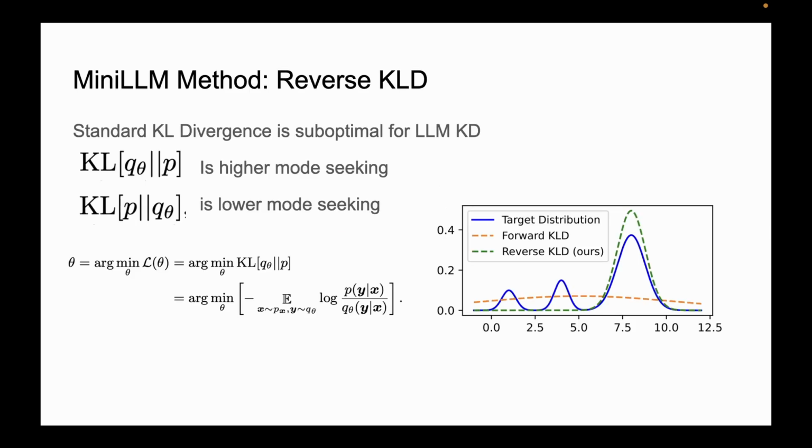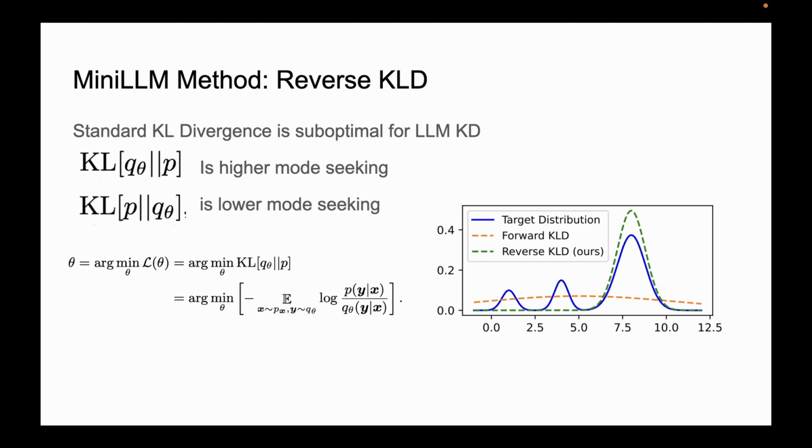The authors of MiniLLM use reverse KL divergence. In regular distillation, you use forward KL divergence to compare the distributions. However, the MiniLLM authors say that it's a bad way to do distillation and propose a new method. Forward KL divergence distillation works for text classification and vision classification. These are great examples that actually work, because the output space usually consists of a finite number of classes, such that both the student and teacher model distributions have a few modes.